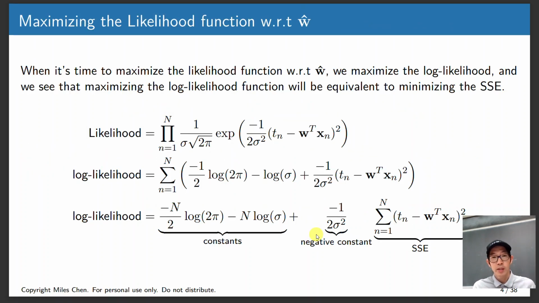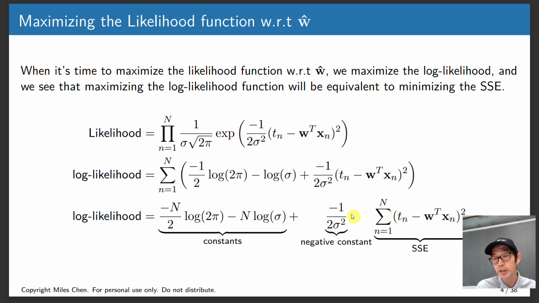Okay. And we said what we want to do is maximize the likelihood with respect to W hat, and we found that it is equivalent to minimizing the sum of squared errors, because if you take the log of the likelihood, then the log cancels out this exponential function. This stuff up here just ends up being a constant, and as far as the stuff inside the exponential function, basically we have the sum of squared errors right here.